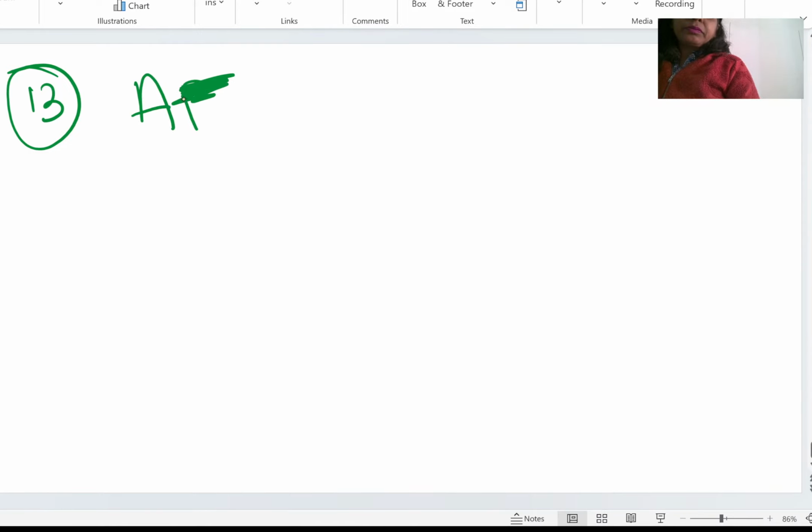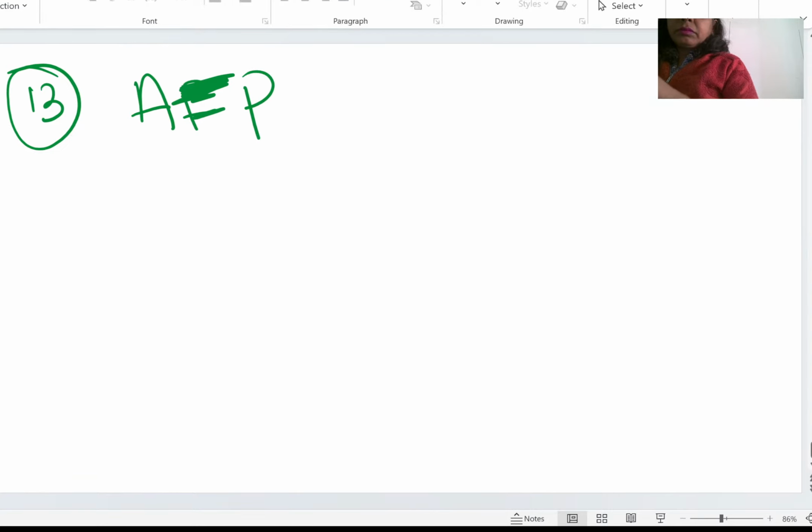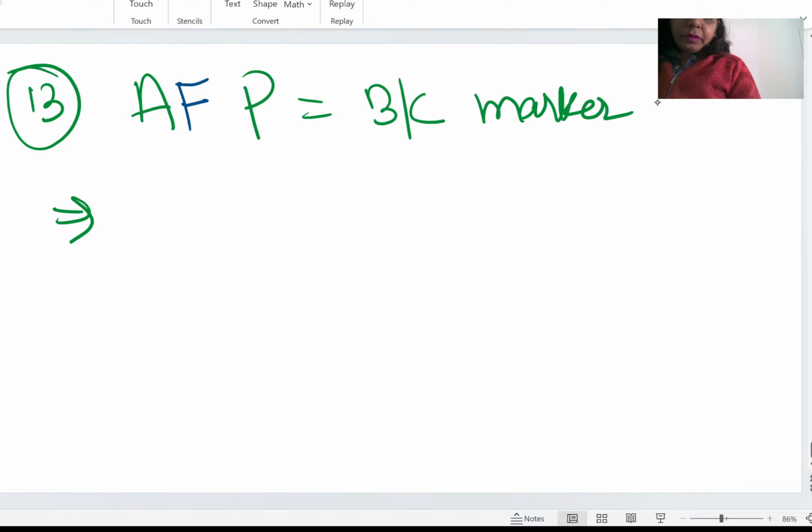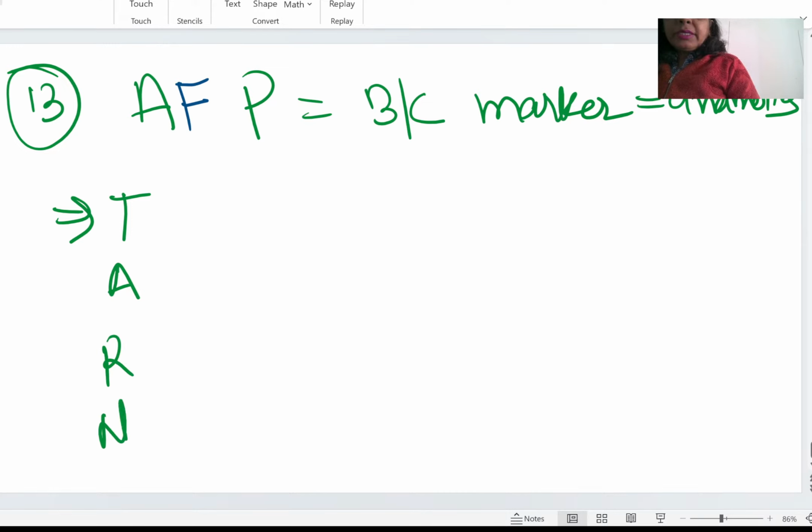Alpha fetoprotein is something you can say is a biochemical marker for anomalies. Now, the mnemonic for it: AFP is increased in.